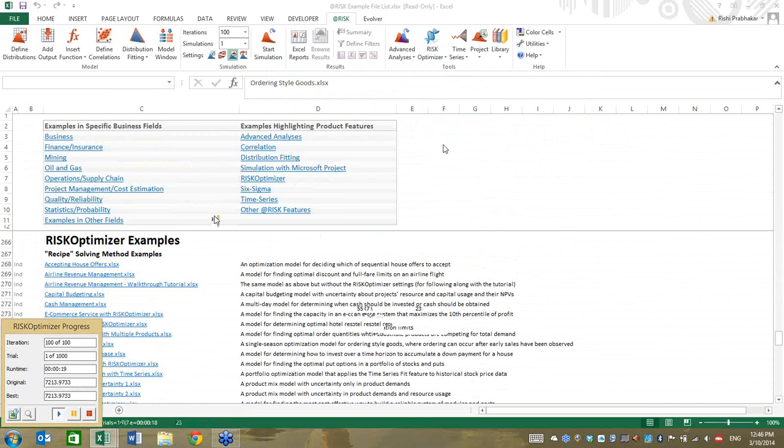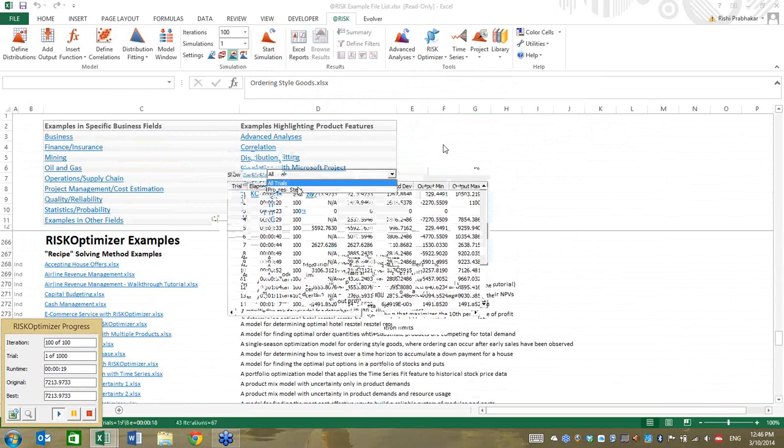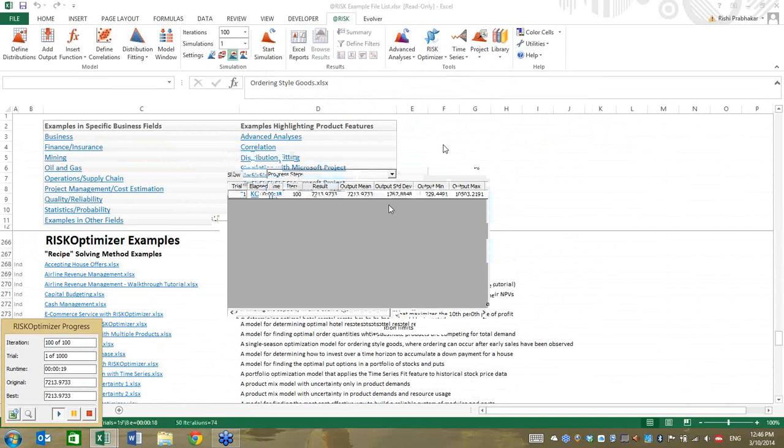And so far, RISKOptimizer hasn't found one where the mean was improved but that didn't violate the standard deviation constraint that I put on it. Let's go back to my progress steps. I put standard deviation 1717. Now it's allowed it to go up to 1828. It's found a solution whereby the expected result was higher.